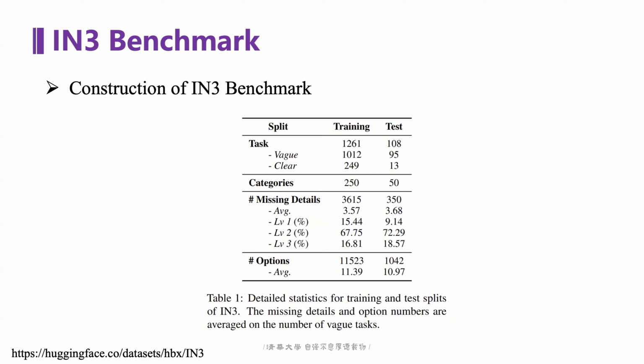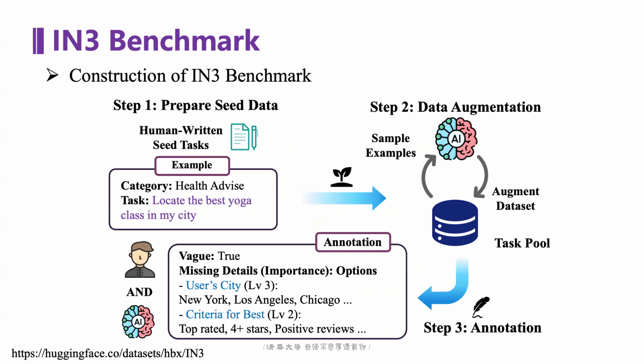And for options, I forgot to introduce that, so let me get back a little bit. Options here mean, for each missing detail, what are some expected answers from the user? Like, where is the user's city? Here we give many big city names.